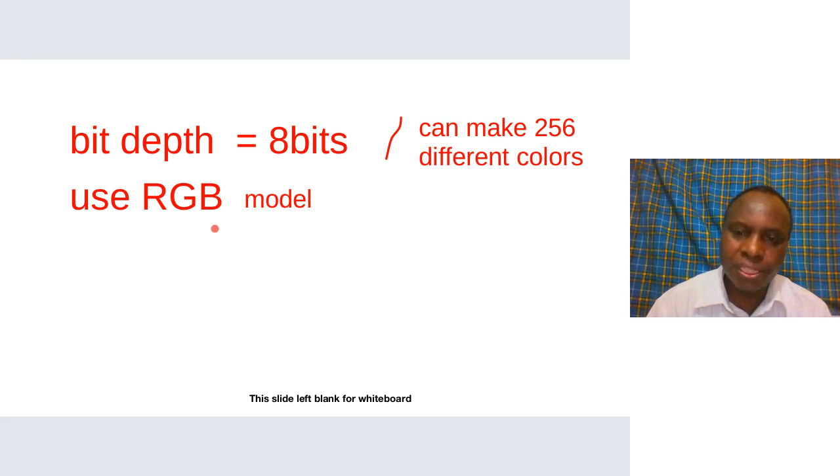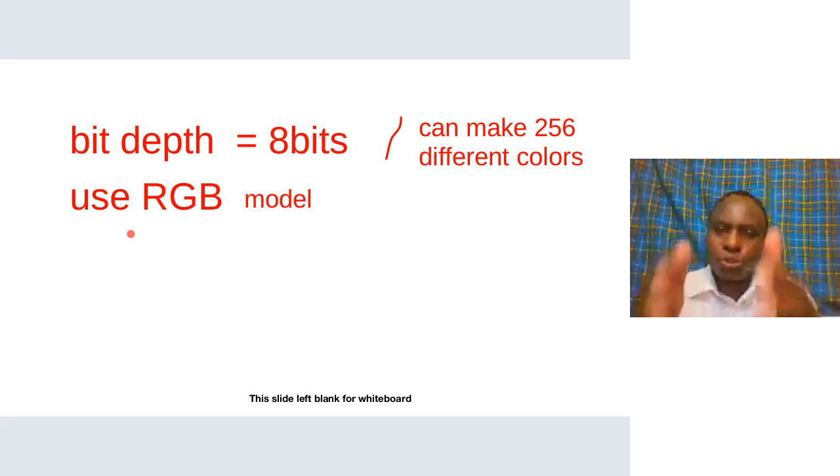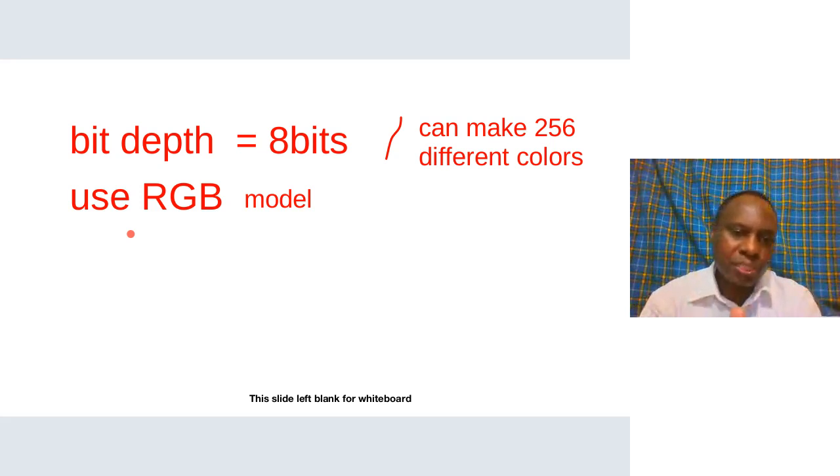And now you can look at them as parts. So the part of red can keep changing with all those 8 combinations. At some point it is 000, at another point it is 001, depending on the color that the computer wants to make.